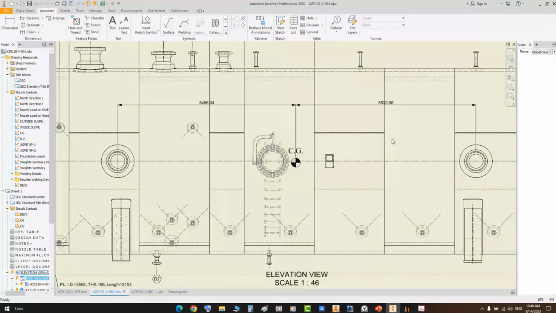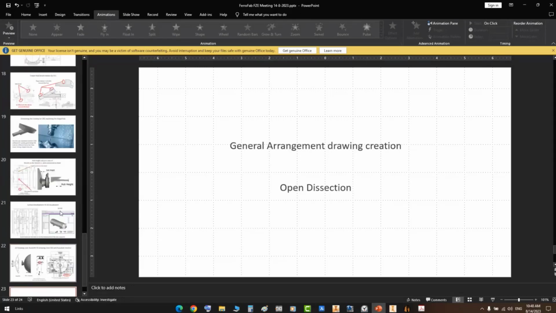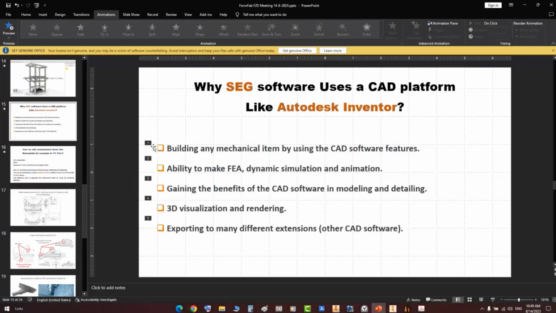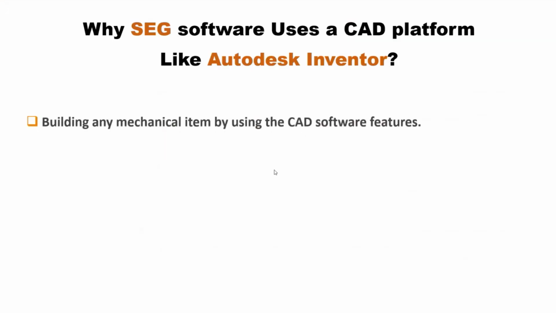Right. Okay. The third point is that this 3D model can be used for further evaluation, like for weight, volume, or any FEA analysis. As mentioned on that slide, that is why we are using CAD software. By using CAD software, you can generate any items you would like to add to your model.